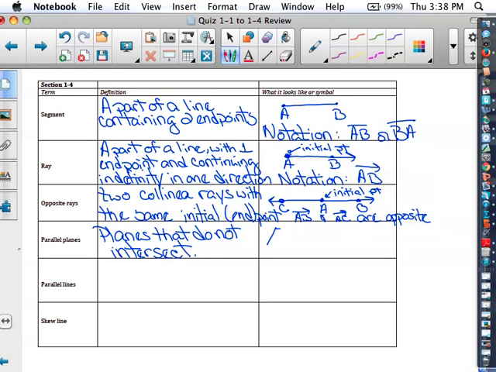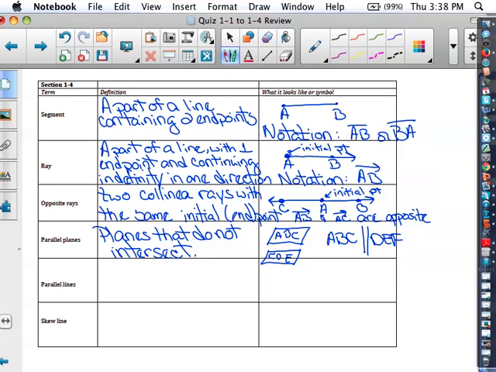So I might have this plane, A, B, C, and it might be parallel to this plane, D, E, F. So my notation might be that ABC is parallel to DEF.